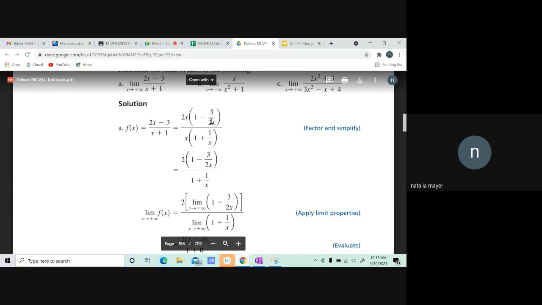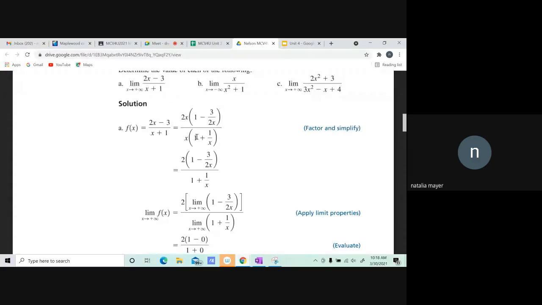No. The same goes for the denominator, where the greatest power is also the first. I factor out x, and when I do this step, I can cancel x and x. So I'll be left only with 2 times this expression over the denominator like this.